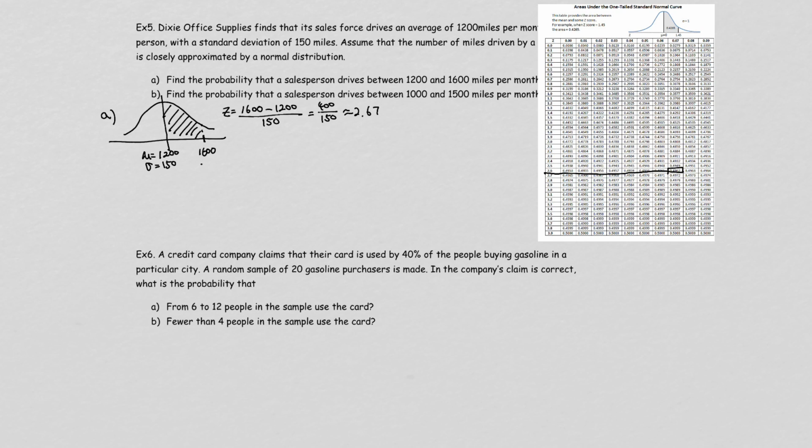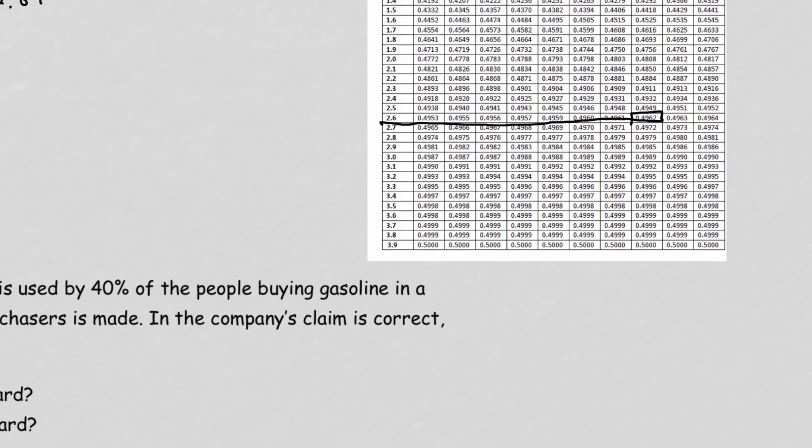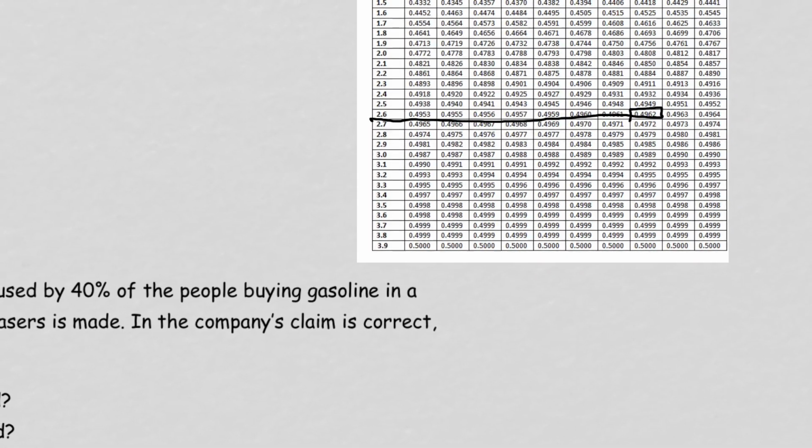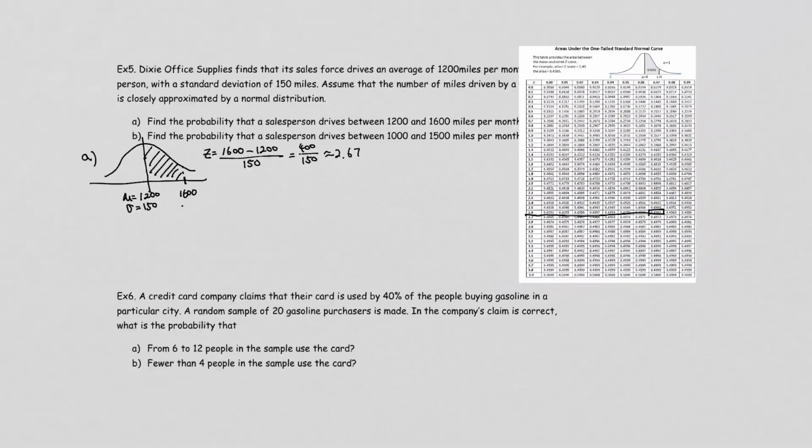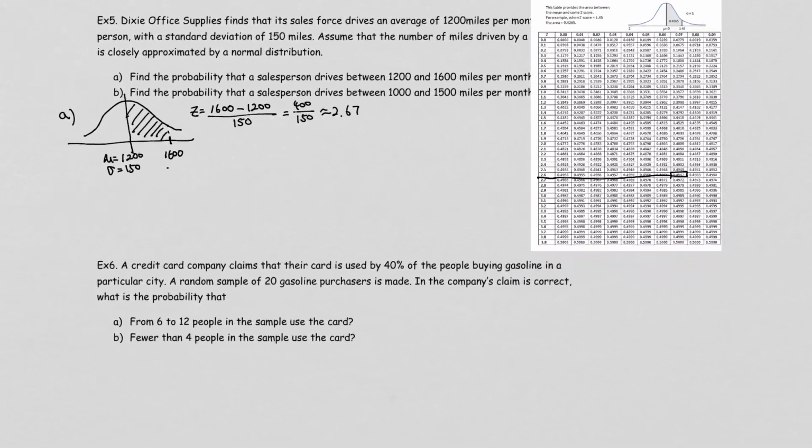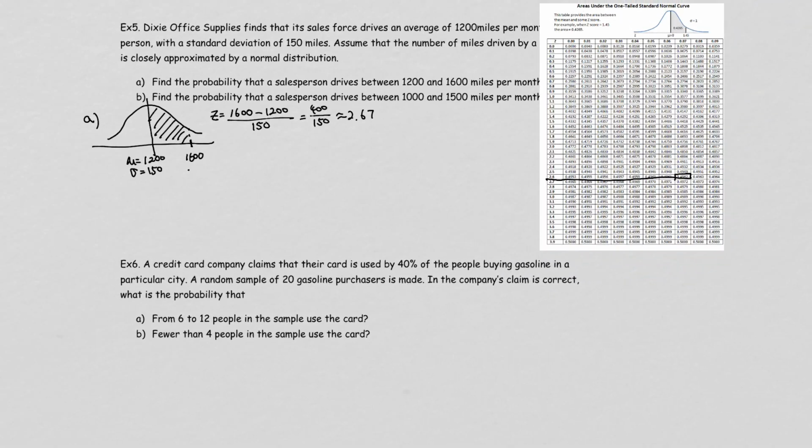It looks like it's 0.4962. If this is too small, I can make it bigger, and you can see that number right there, 0.4962. So the area right here is going to be 0.4962. That is your probability.